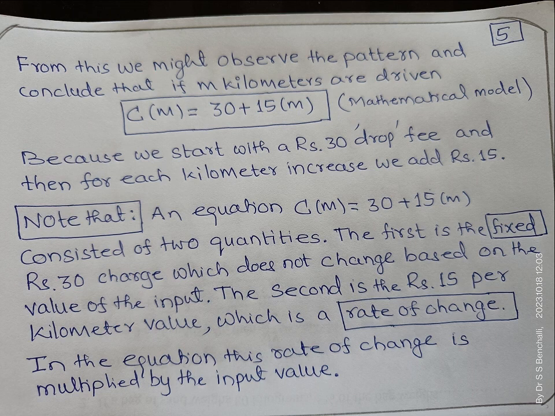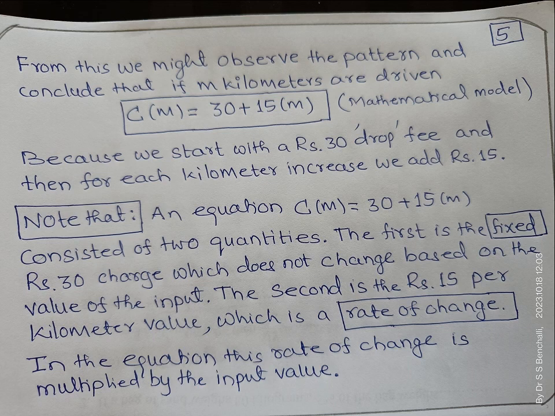And then for each kilometer increase, we add 15 rupees. That's why, in general, you can write the equation c of m is equal to 30 plus 15 times m.